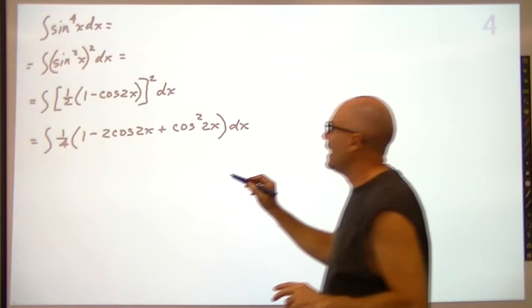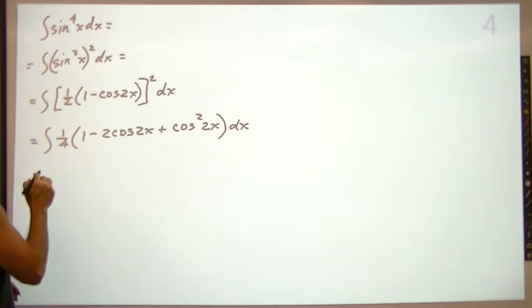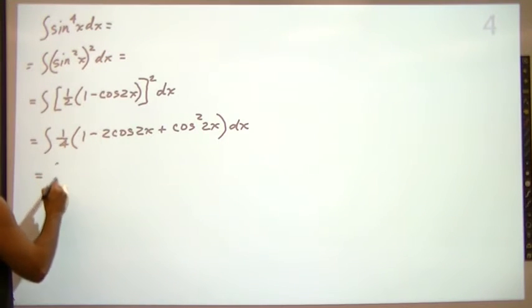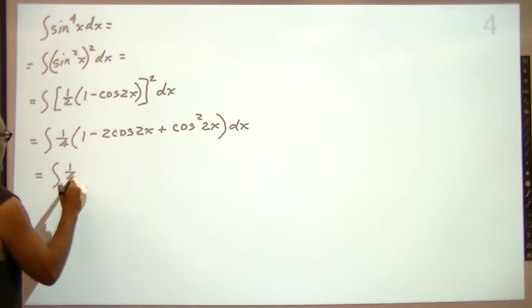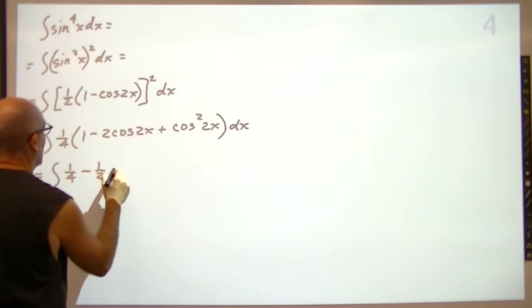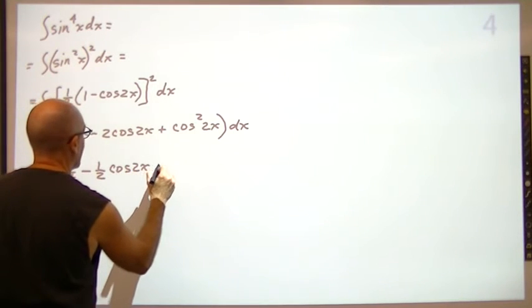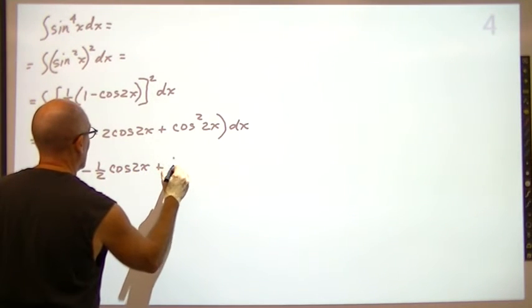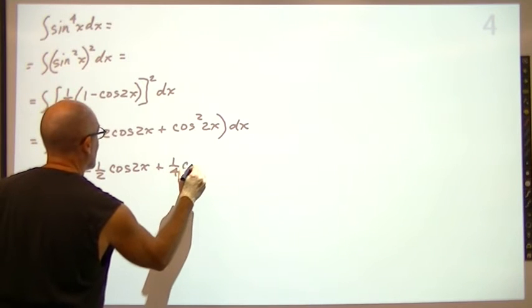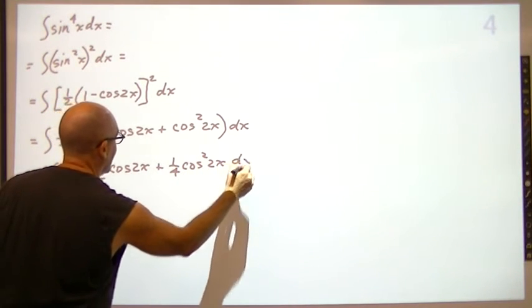We'll do what we can right now instead of complicating things. So we've got the integral of 1/4 minus 1/2 cosine 2x plus 1/4 cosine squared 2x dx.